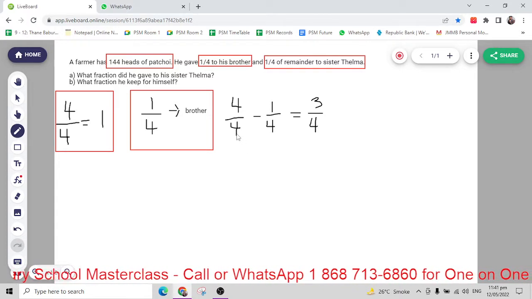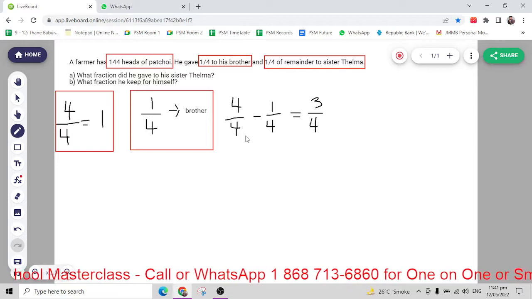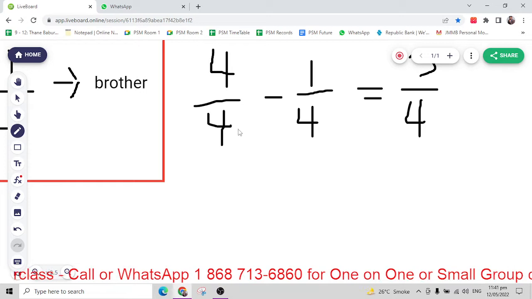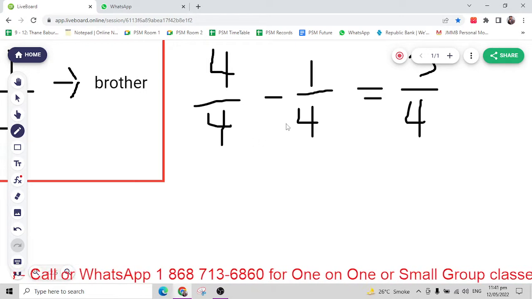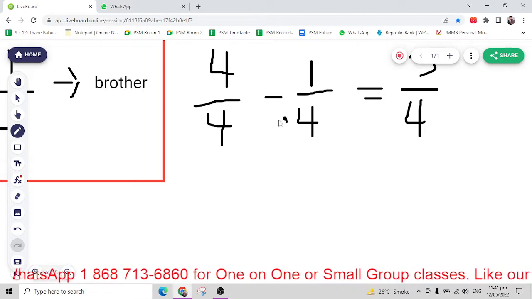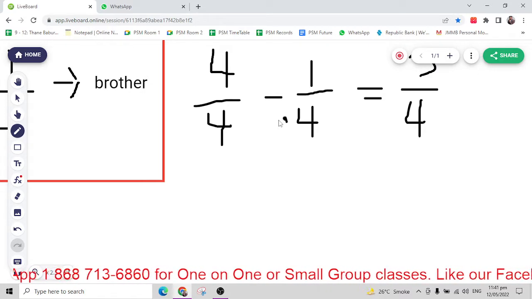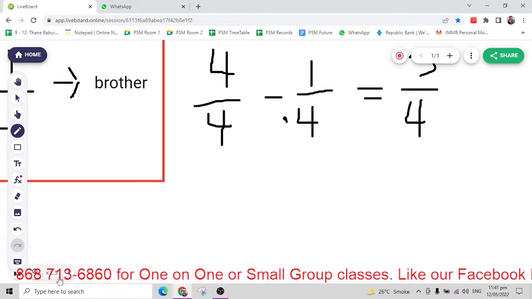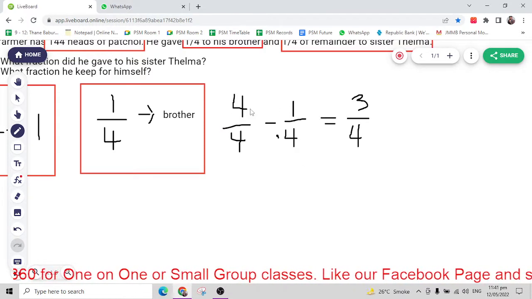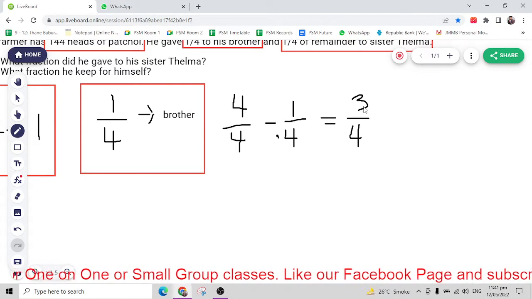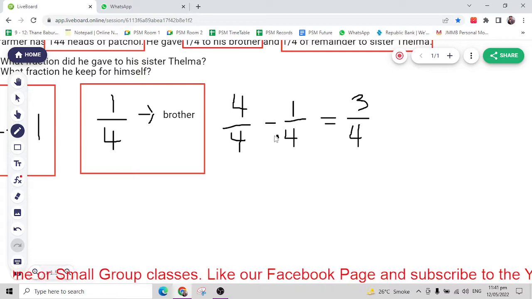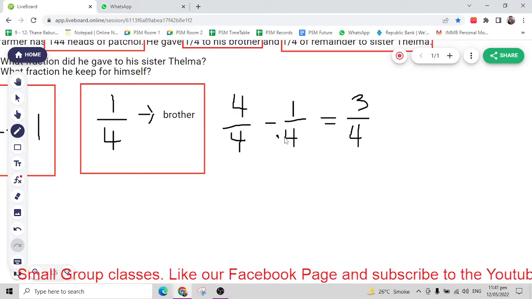Since our denominators are the same, 4 and 4, we can freely look at the numerators. So therefore, 4 minus 1 is gonna give us 3, and 4 minus 4, well, this is not gonna be 0, right, guys?